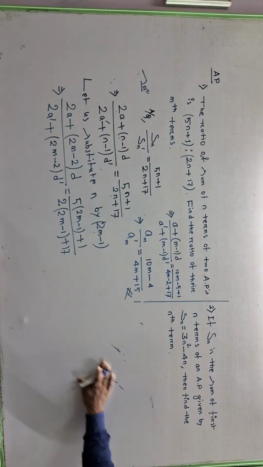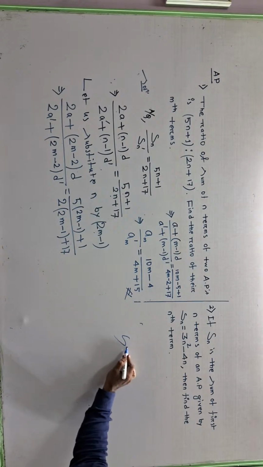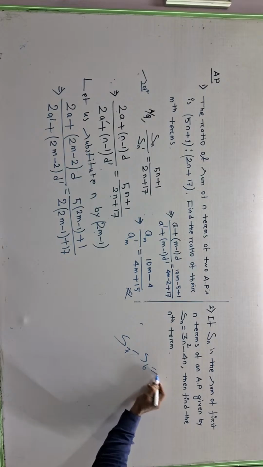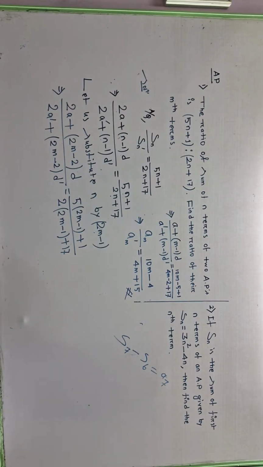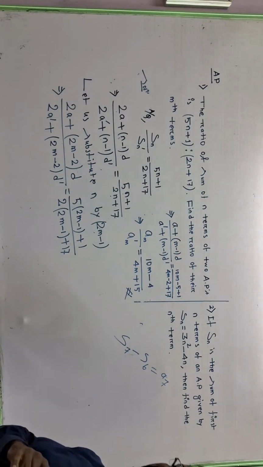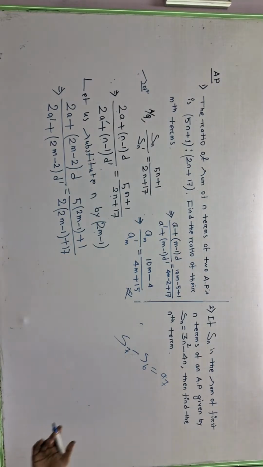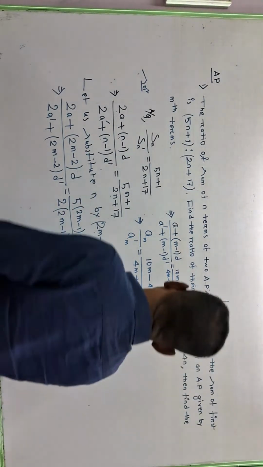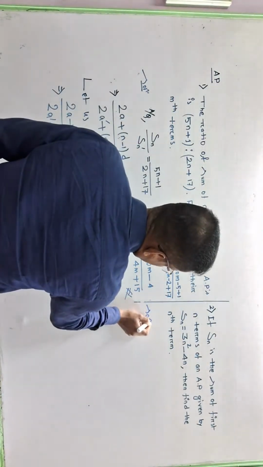Let me take a particular example. If I write S7 minus S6, that will be A7. From the total of the first 7 terms, you subtract the total of the first 6 terms, then the 7th term will be left. So this concept will be used here. Simple case but important for your board exams.